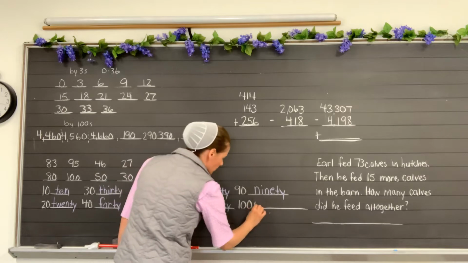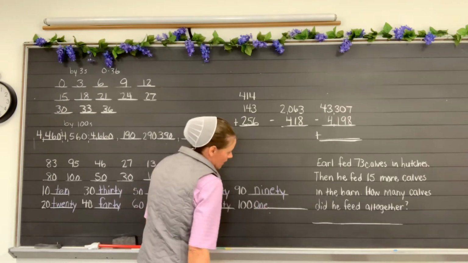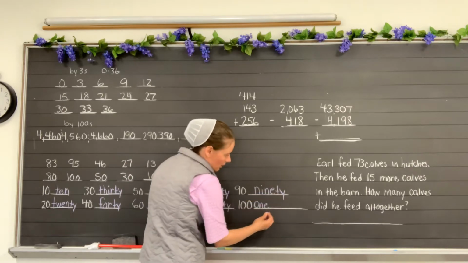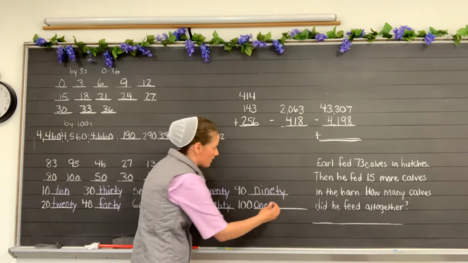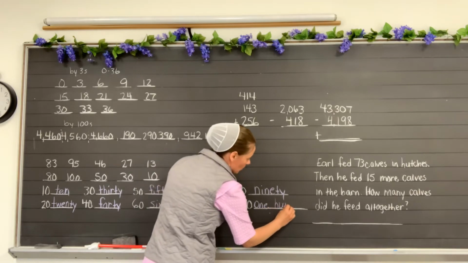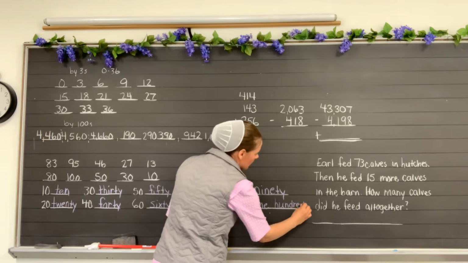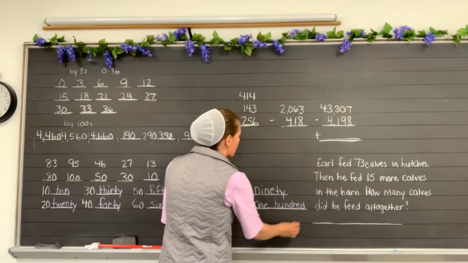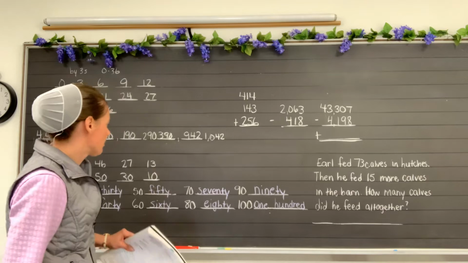And 100 is 1, and then skip a space because it's two words. 1 and then H-U-N-D-R-E-D, 100. Okay, so those are your numbers.